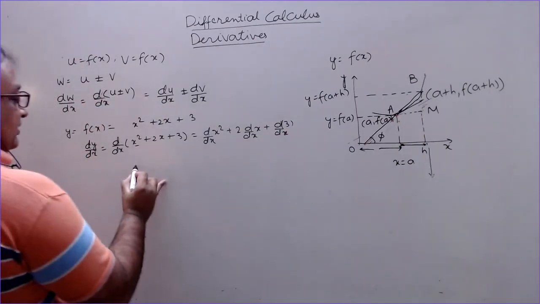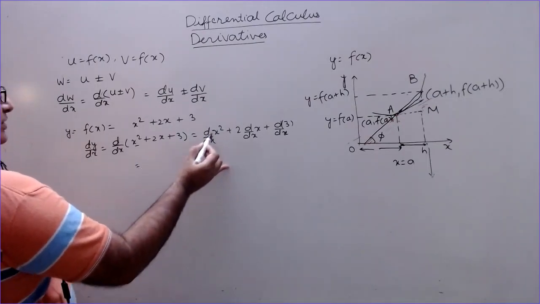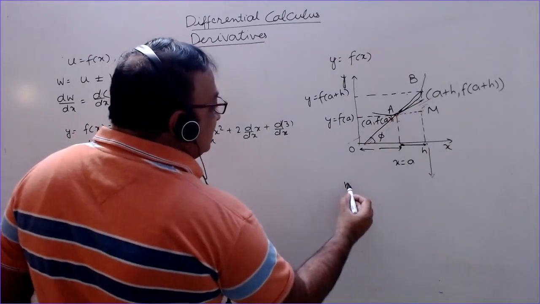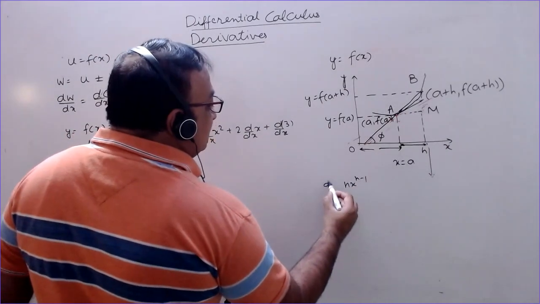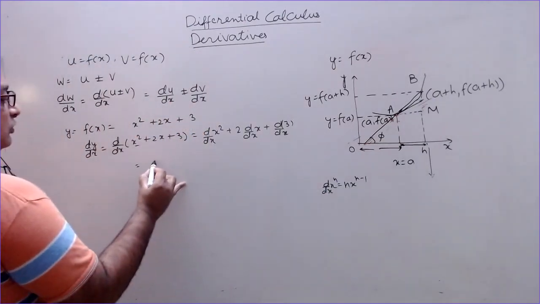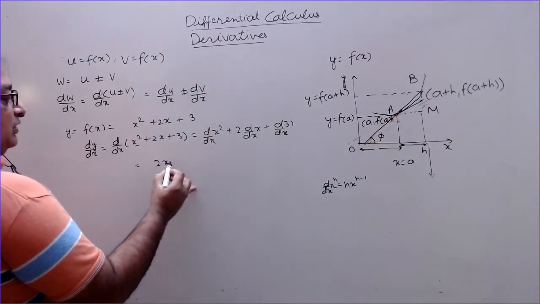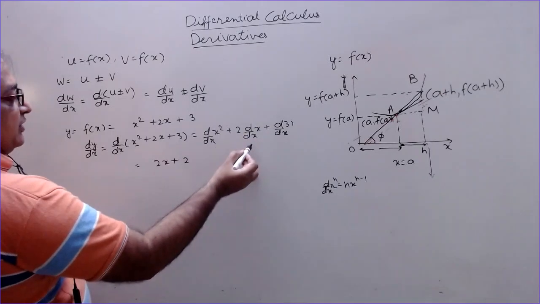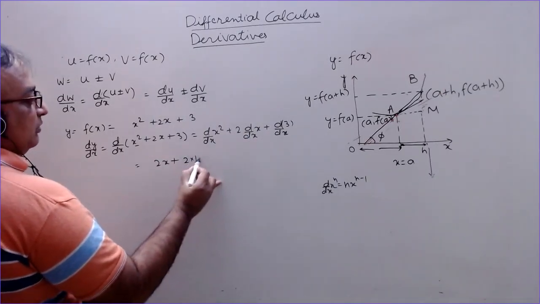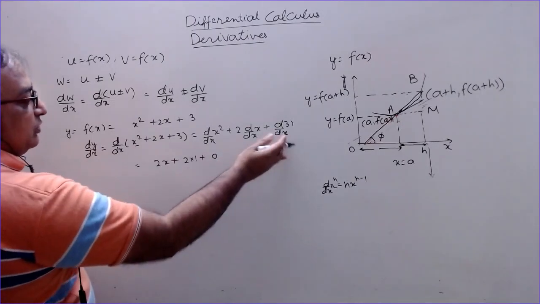Now differentiate this. d by dx of x raised to the power n, here n is equal to 2, is nx to the power n minus 1. So 2x to the power 1, plus 2 dx by dx, the derivative of x using this formula is 1, plus the derivative of 3 is 0, this is a constant function.